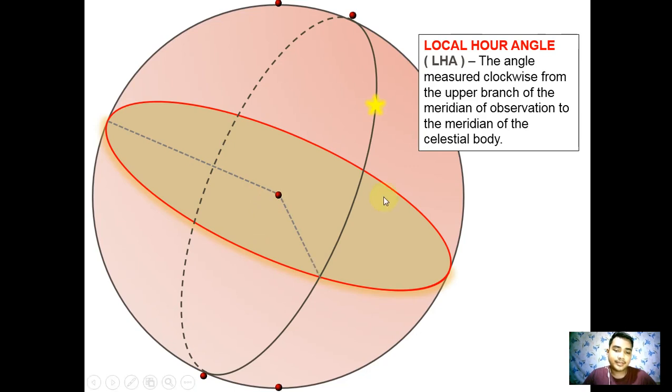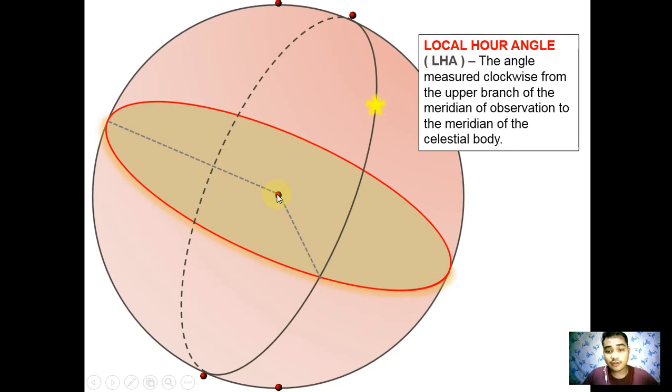On the earth, this is where you are observing. This is your zenith, but your meridian is in this part. It is like an hour circle, but only the part projected where your meridian of observation is.